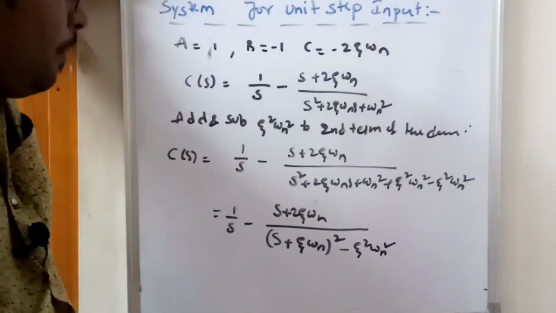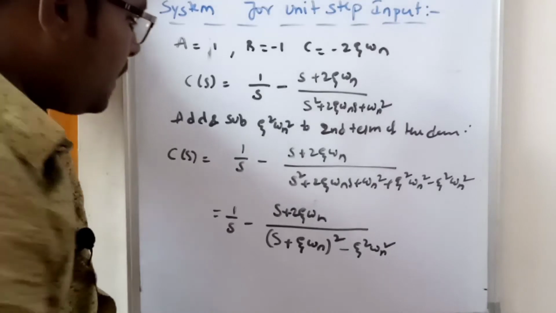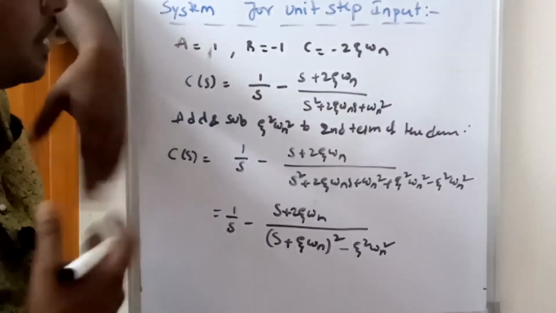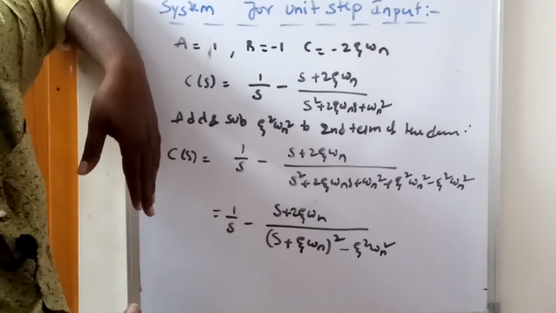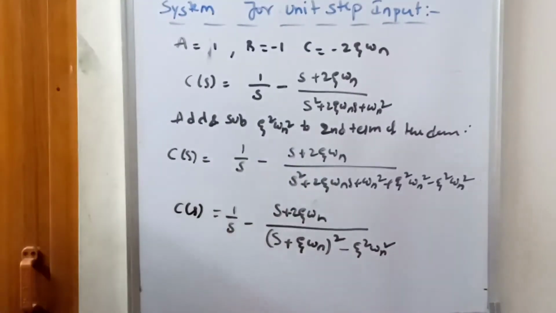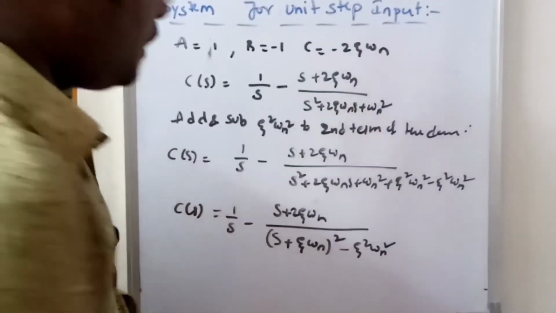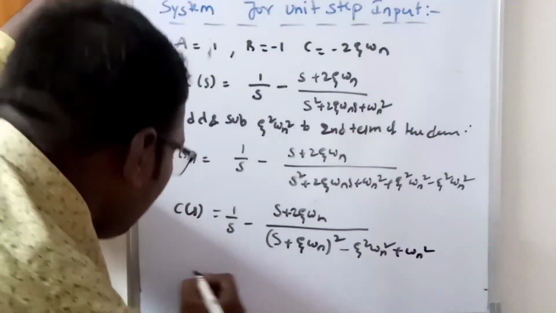Now we are going to change one more thing. After simplifying, it is still not ready for applying the inverse Laplace, so we modify this term also, and we missed one more term, so plus omega n square.